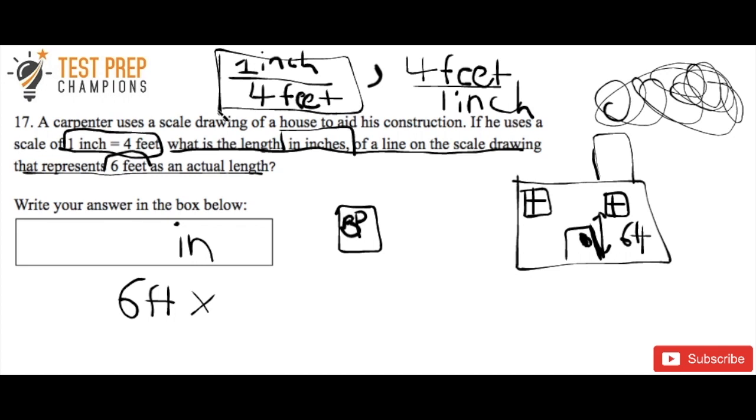The denominator, again, is the bottom number of our fraction. So this is the conversion factor that I want to bring into play: 1 inch over 4 feet. The reason I set it up this way is because now the feet are going to cancel out, because remember, feet divided by feet cancel out.